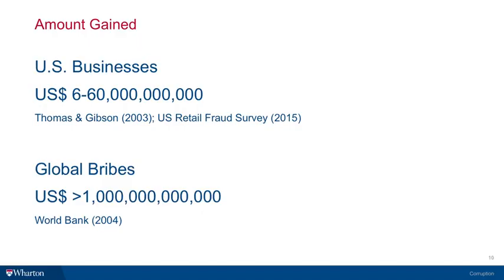We've learned a lot over the last 15 years or so about how to ask questions, how to get at this kind of information, what to look at when we investigate these kinds of things. So $6 to $60 billion have been gained. That's what the people who steal have gotten just within the United States. Around the world, that number is probably staggering.